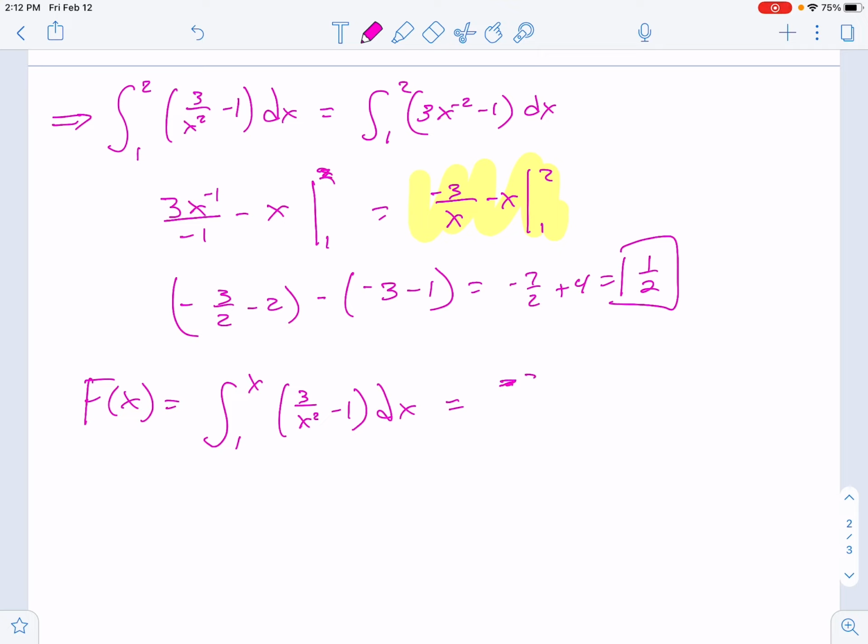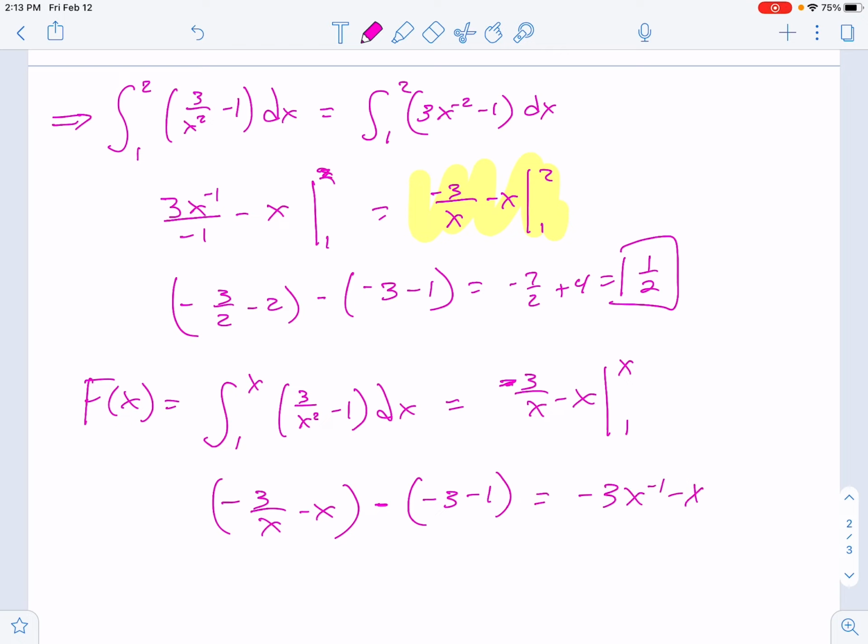It's negative 3 over x minus x, and I'm going to integrate from 1 to x. You plug in your x, you get negative 3 over x minus x. You plug in 1, you get negative 3 minus 1, and your answer is negative 3x to the negative 1 minus x plus 4. Okay, so I evaluated my function.